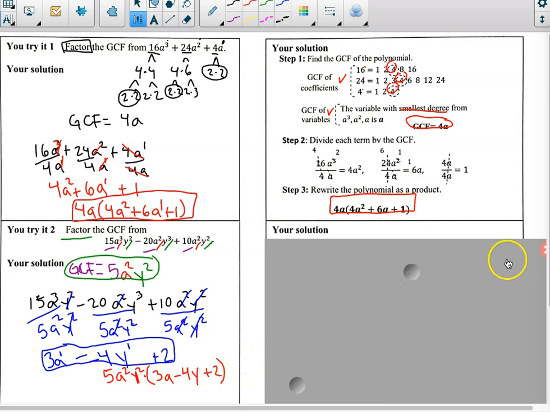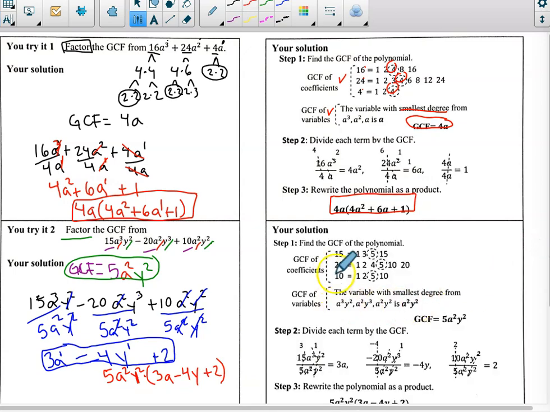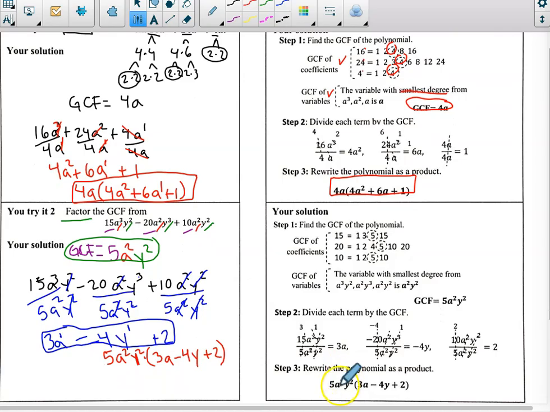Let's compare that to our solution. Okay. We have the same solutions.